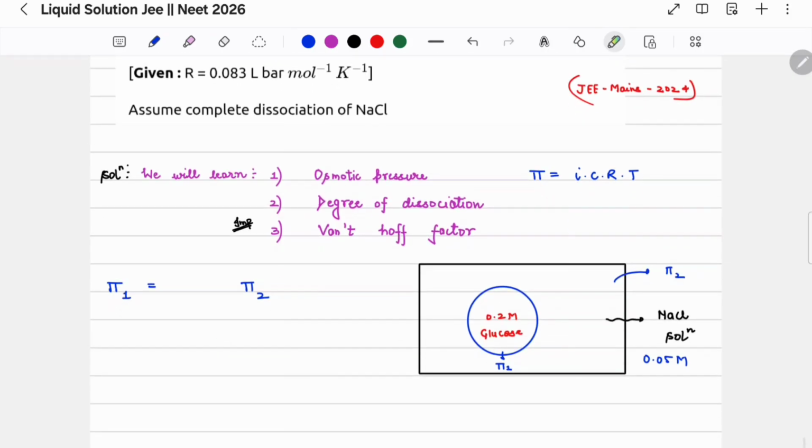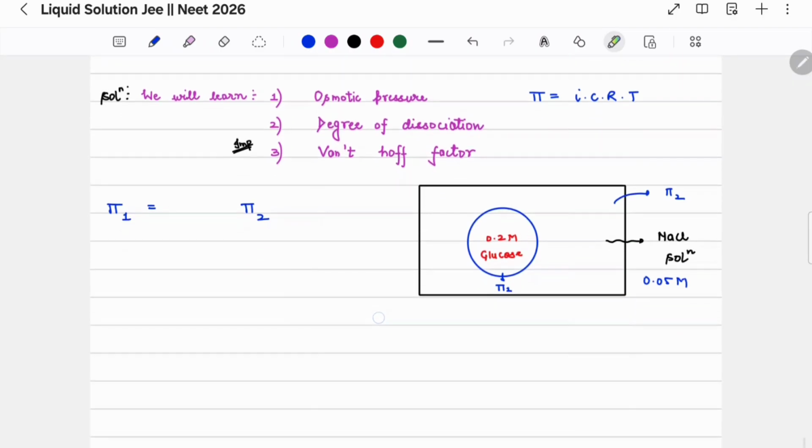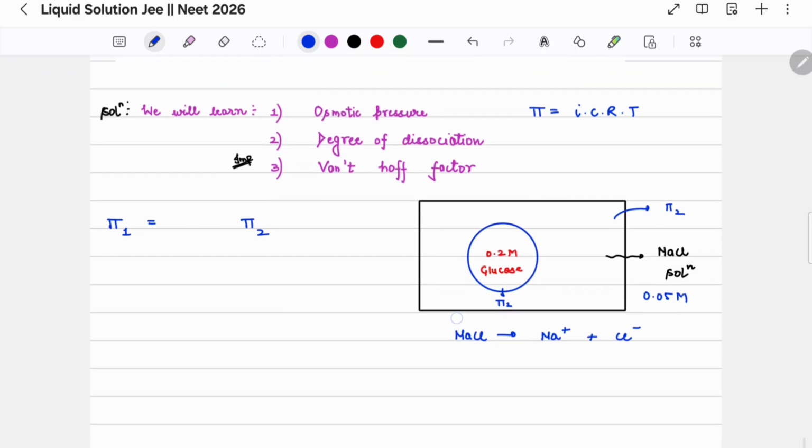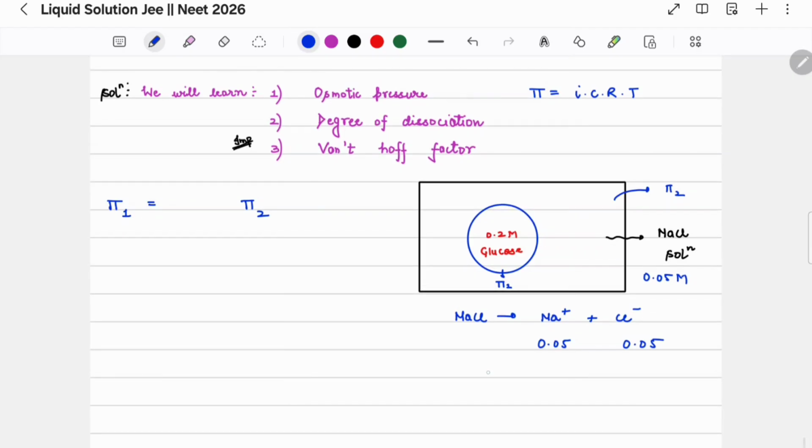So now tell me, the artificial cell is having what concentration? 0.2 molar, and the NaCl solution is having 0.05 molar. Now you will be saying, sir, what about NaCl solution? They have told complete dissociation, so no issue. If they are telling complete dissociation, I can write Na plus and Cl minus. Na plus will also come 0.05 and Cl minus will also be 0.05.